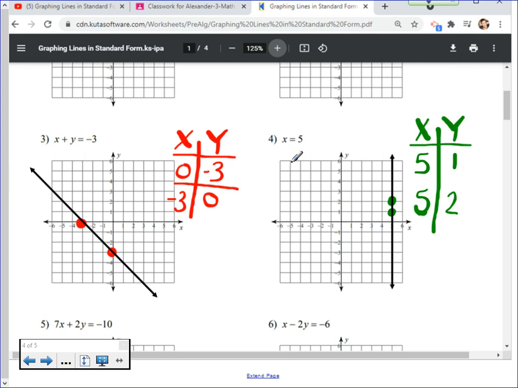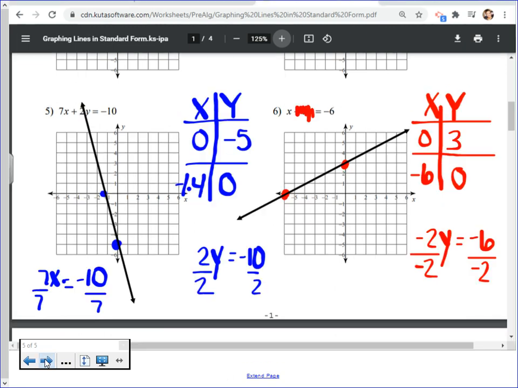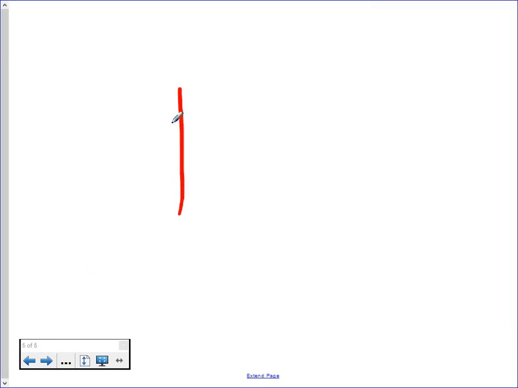Then you get to pick what number you choose for X. So on number 9, really quickly, start with your T-chart. X goes on the left, Y goes on the right. The only number you're allowed to put underneath Y is 5 because it says Y is 5. Then you get to pick whatever number you want for X. I'm just going to choose 1 and 2. And then you graph this point and this point.